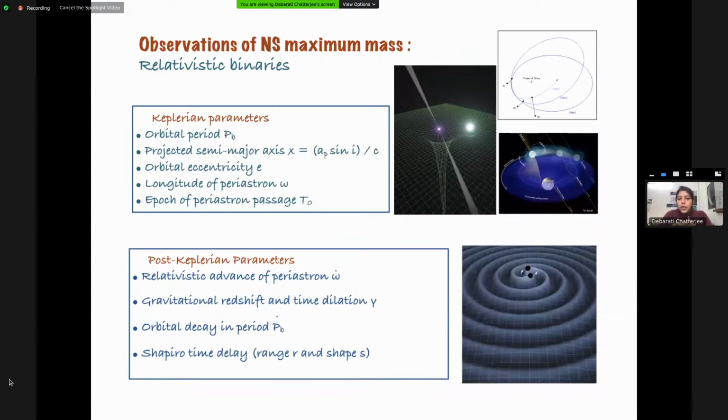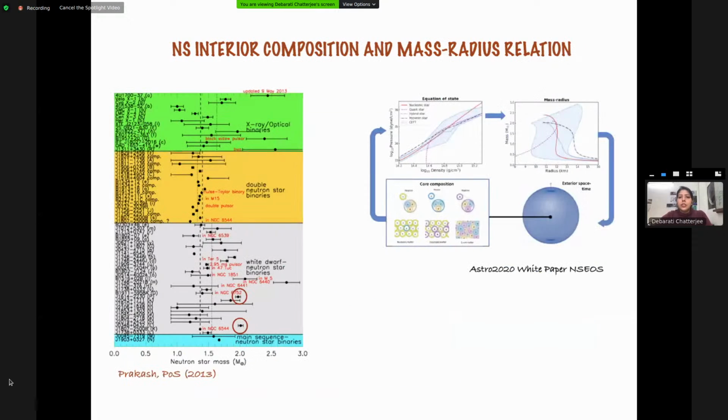In addition, because neutron stars are extremely dense, they have very strong surface gravity and are therefore extremely relativistic. They show relativistic effects, called post-Keplerian parameters, and these can also be measured. From these measurements, we can determine the masses of neutron stars. You see a chart compiled by Prakash some years ago, and most of these neutron star masses cluster around a value of 1.4 solar masses.